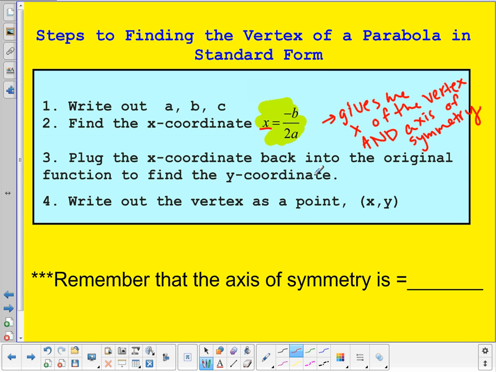Now for the vertex, that gives me the x-coordinate. Once I have that x-coordinate, I plug it back into the original, which we all know how to substitute, simplify, find the y-coordinate, and then the vertex is a point, x comma y. So remember that the axis of symmetry is the x-coordinate of the vertex.